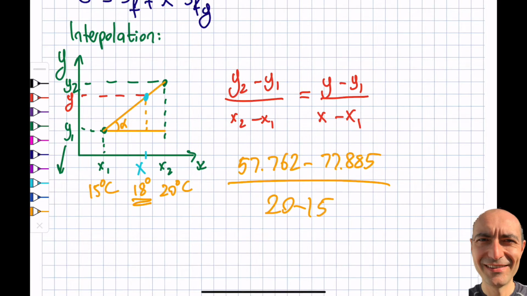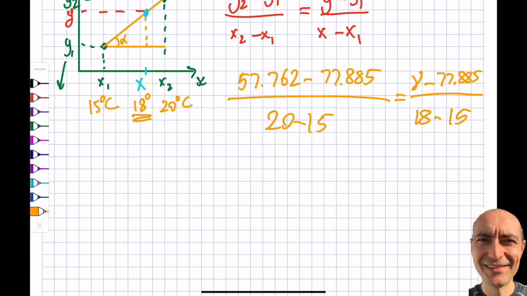So I'm writing the slope for this big triangle. I'm also going to write the slope for this small triangle. That's going to be the specific volume that I'm interested in minus 77.885, divided by 18, the temperature that I'm interested in, minus 15. So you can see there's only one unknown over here, not a big deal.